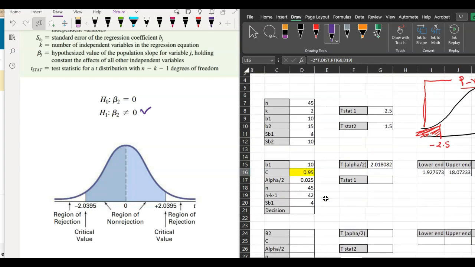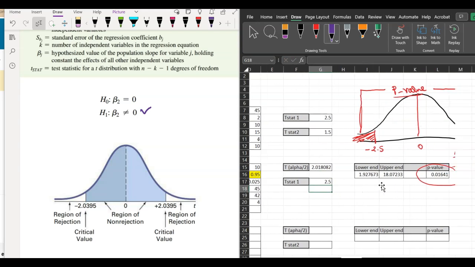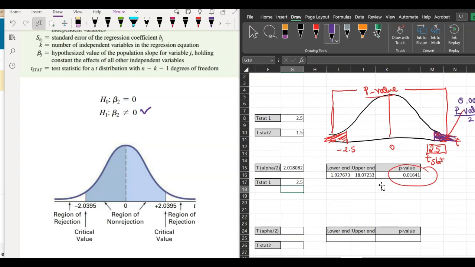So to make this decision, there are two ways, all right? Either comparing the t alpha over 2 versus the t statistics, which is this one. So in other words, if the t stat is bigger, then we're going to reject.